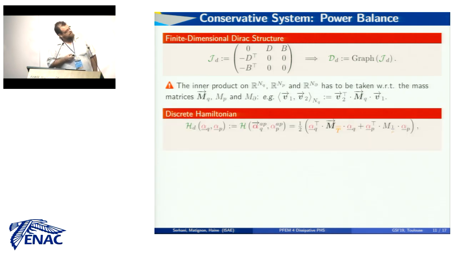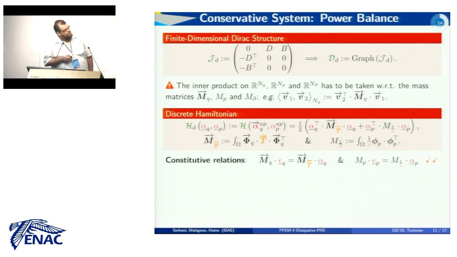Now the discrete Hamiltonian is directly defined by substitution of the approximation into the continuous Hamiltonian. You get the discrete one with the coefficients and the finite element family. We end up with this, where these matrices are mass matrices weighted by the physical parameters. And the constitutive relation comes using the finite element method.